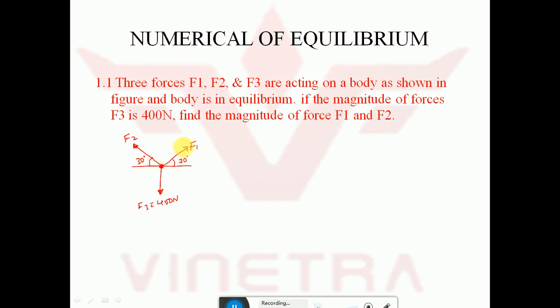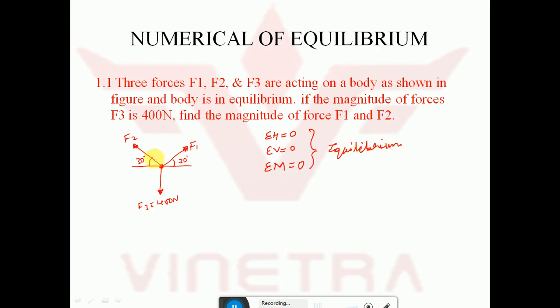A body will be in equilibrium if it satisfies these three conditions, that is algebraic sum of horizontal forces is equal to 0, algebraic sum of vertical forces is equal to 0, and algebraic sum of moments about a point produced by all the forces is equal to 0, then the system or the body is said to be in equilibrium, right?